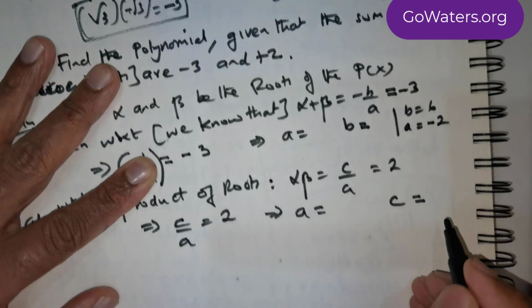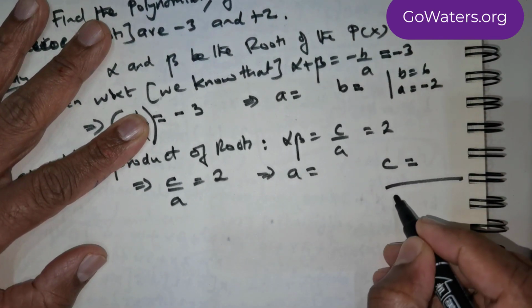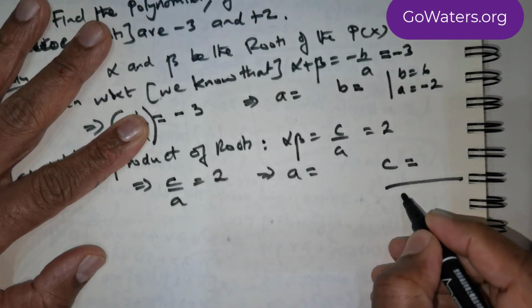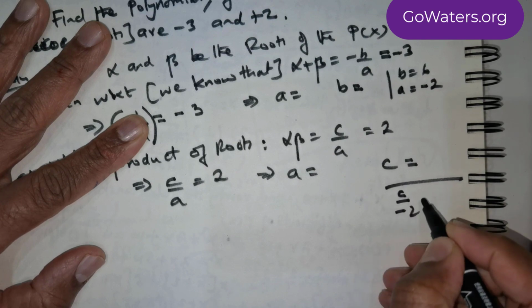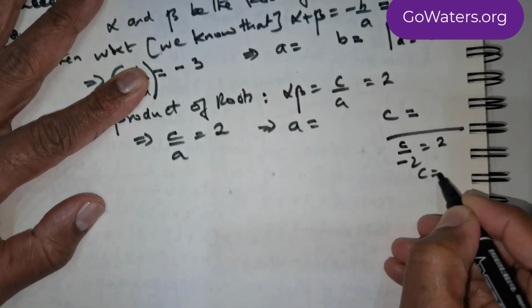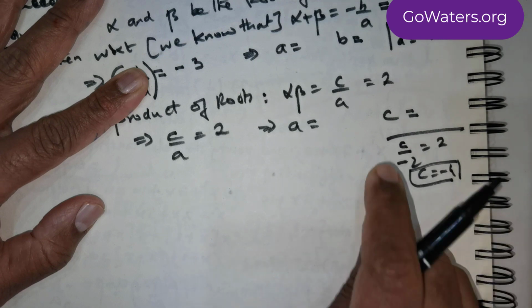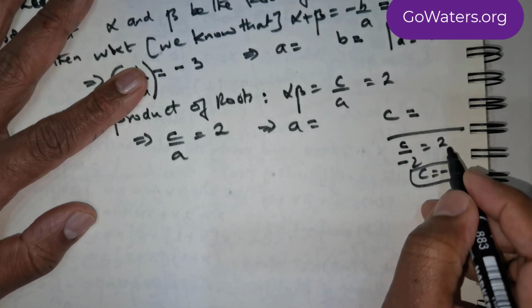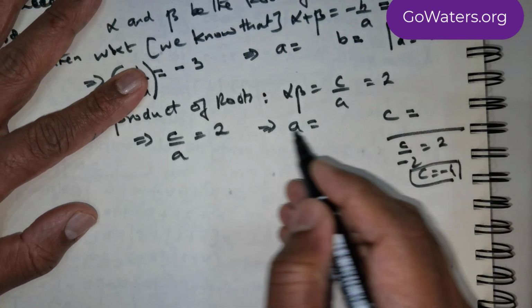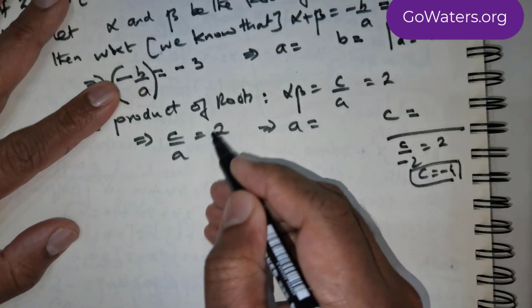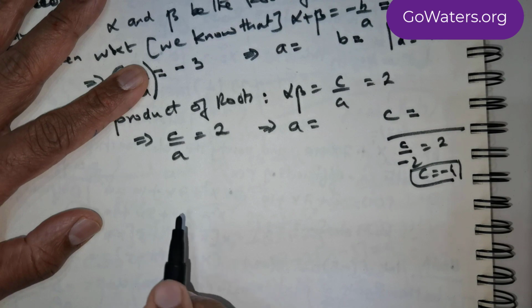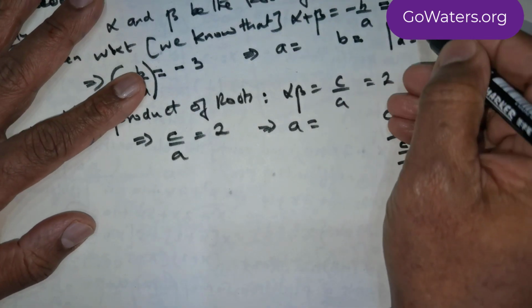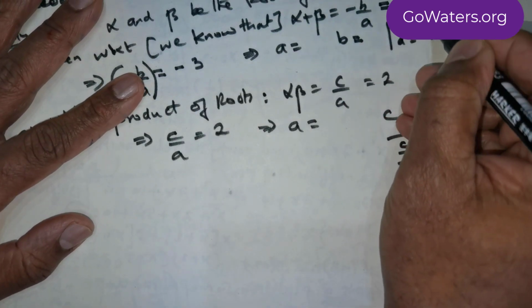But watch here, if I were to take a as -2, then c divided by -2 is equal to 2, therefore c is equal to -4, which is not possible. We cannot have c as -4 because that would contradict the value given to us. So coming back, this possibility is ruled out.